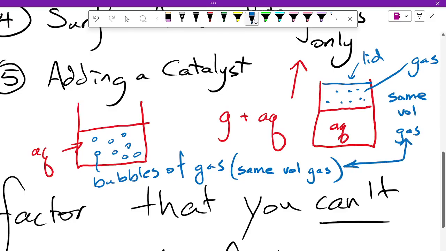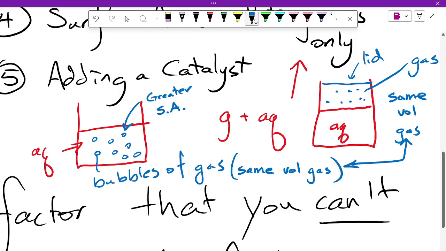If those volumes of gas are the same, the total volume, do I have more surface when I just have one blob of gas? Or do I have more surface when I have lots and lots of tiny bubbles of gas? This has a greater surface area. SA for surface area, okay?